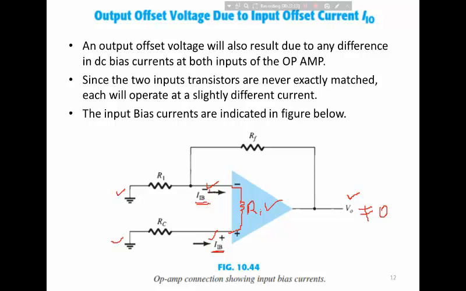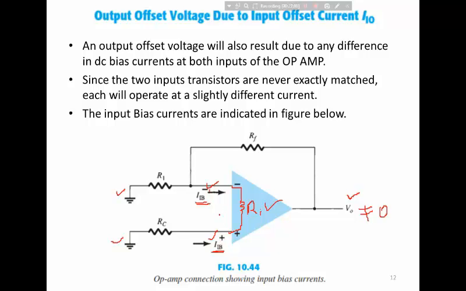A slight difference in the transistors, in their beta value and in their characteristics, means these two currents will be at some difference. So this current and this current are not equal.